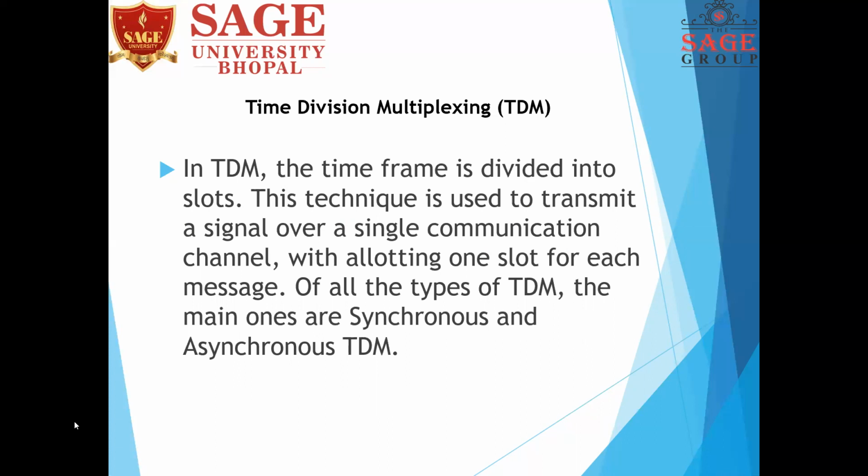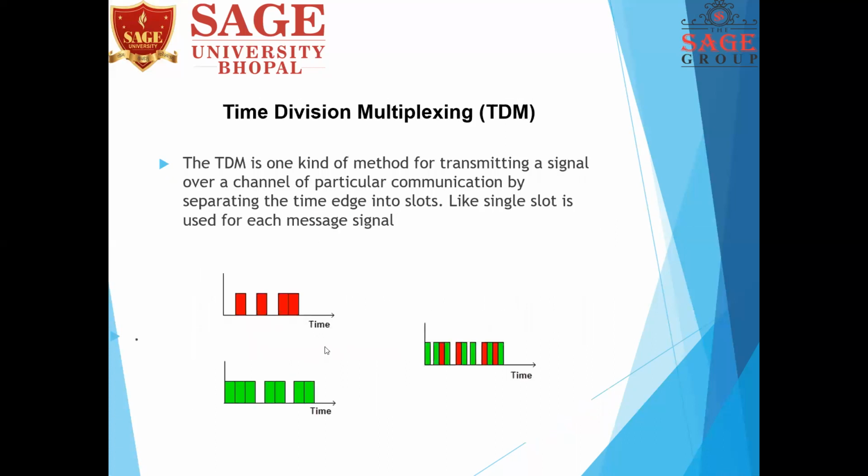So this is time division multiplexing, which is again divided into two parts, synchronous and asynchronous. Some more points on TDM: it is a method for transmitting a signal over a particular communication channel by separating the time frame into slots, like a single slot used for each message signal.